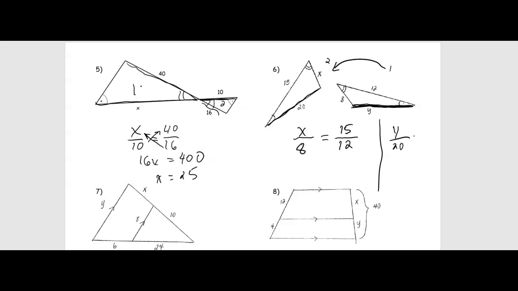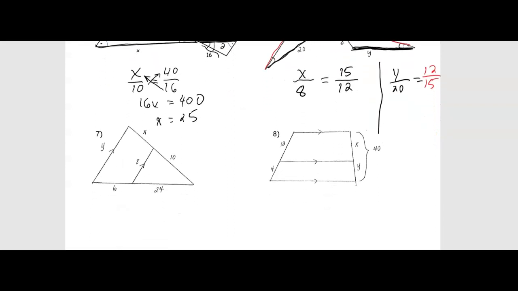So I would have y over 20. And then since I'm now going in this direction, I'm going to use the 12, and its corresponding side was the 15. And then we can solve that equation. Okay, so crisscross, solve those, we should be good.